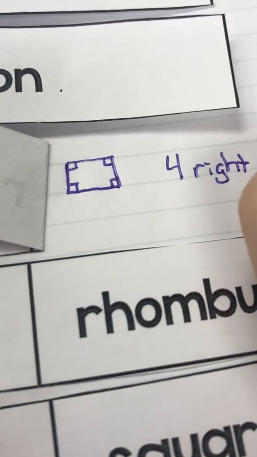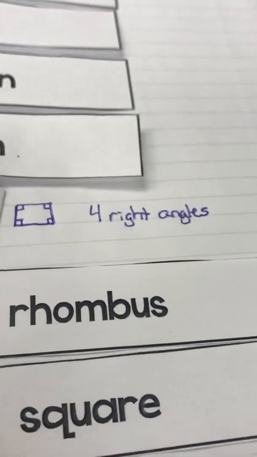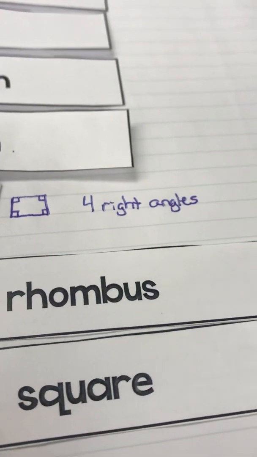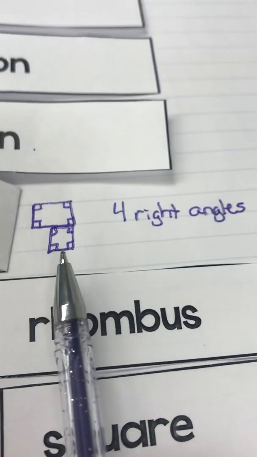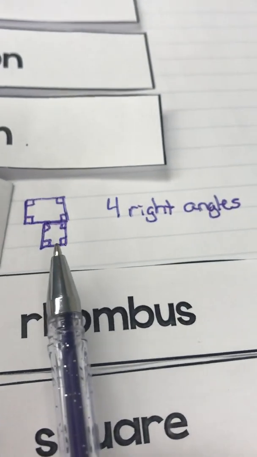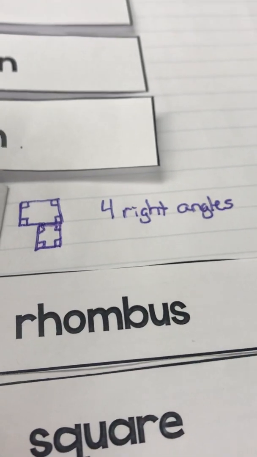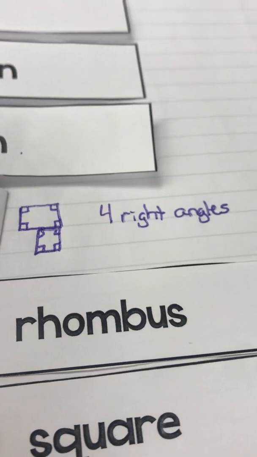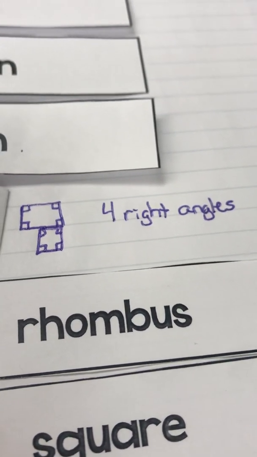Any quadrilateral that has 4 right angles, we can name it a rectangle. Even a square is a rectangle because it has 4 right angles. A lot of my third graders miss that. The rule of being a rectangle is you are a quadrilateral with 4 right angles. That's all it's got to have to be a rectangle.